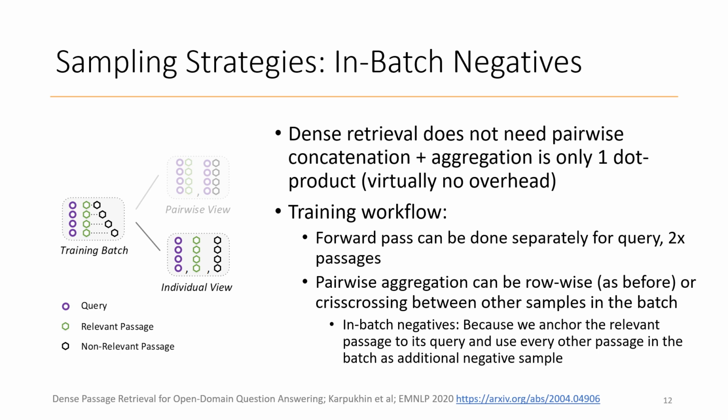So now the training workflow can be adapted. We conduct a forward pass separately for the query and the two passages. And then in the pairwise aggregation, we can do it row-wise, right? So as before, if we look at one query and the two associated passages, but we can also crisscross between other samples in the batch and create a loss with different negative samples per query.